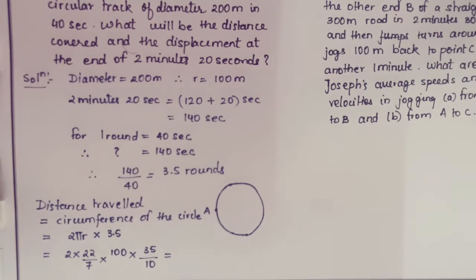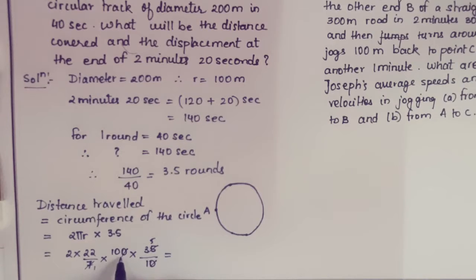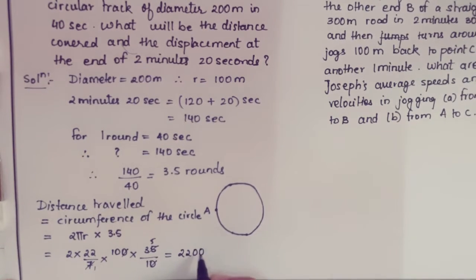Now this is a very basic calculation. 7 ones are 7, 7 fives are 35, 0 0, you can cancel it out, and it will come out to be 2200 meters. So this is the distance traveled by an athlete, 2200.